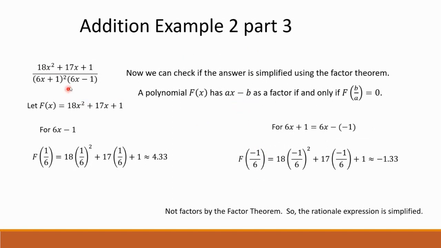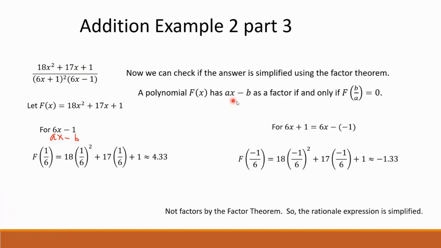Namely, from here, we can actually determine if 6x plus 1 is a factor of the numerator and if 6x minus 1 is a factor. We just have this factor theorem. Basically, our f of x here is the numerator. So for 6 times x minus 1, let me write it in. We have a times x minus b, with capital F of x as our numerator.